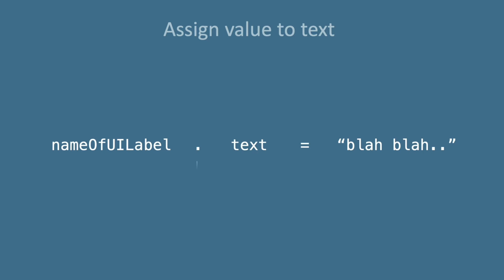So it's just like an apostrophe S in English, and you'll get used to it in no time because you're going to use it so many times as you program in Swift or in other languages. So after the dot, you write the property or function you want to access or modify.